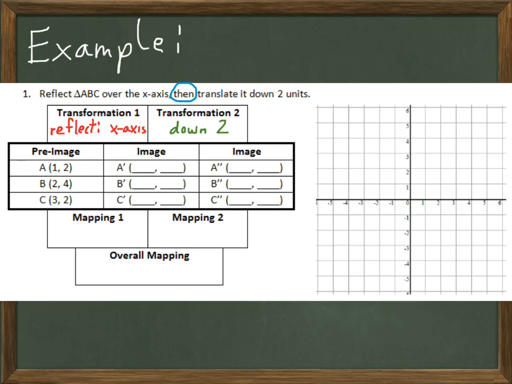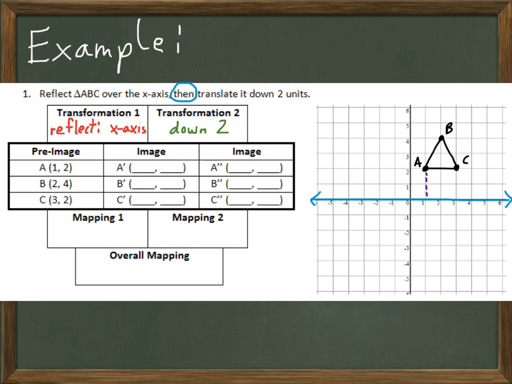Alright, well, we would probably need to draw our triangle, so let's plot that. Here's my triangle ABC. Then we need to reflect it over the x-axis. Okay, so to reflect it, I need to figure out, oh, there's the x-axis. I want to point that out. All right, we need to figure out how far away each point is from the x-axis.